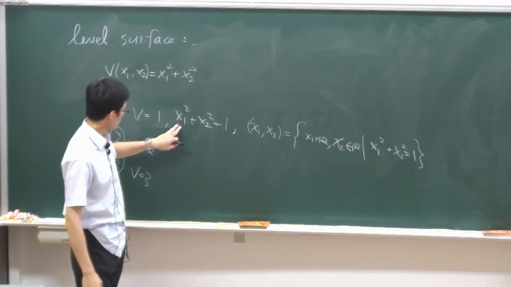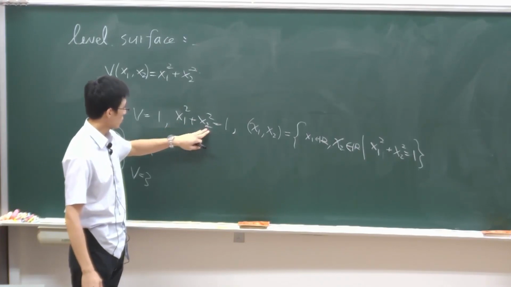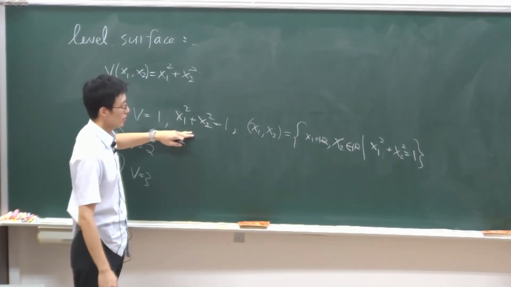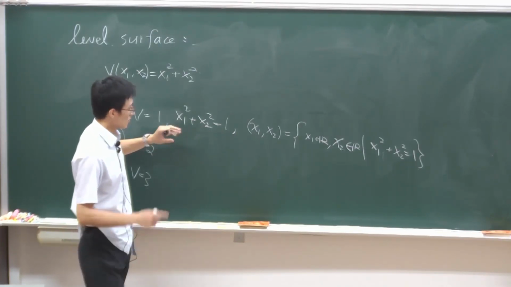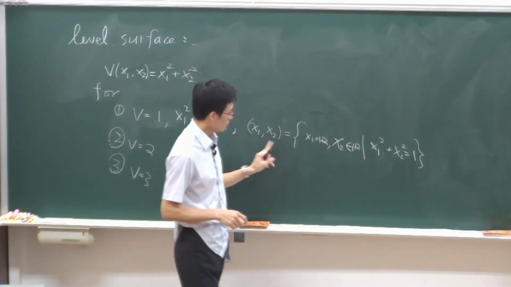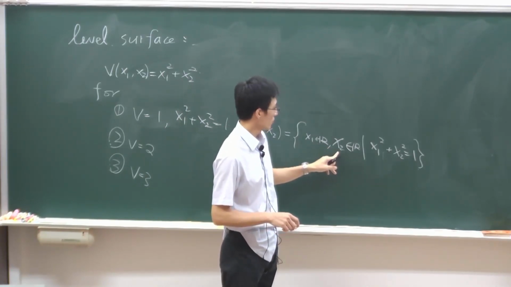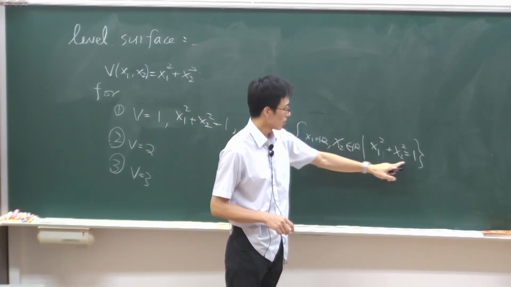So there are an infinite number of solutions of x1 and x2 satisfying this condition, right? So that means there's a set, where x1 belongs to the real numbers, x2 belongs to the real numbers, and they satisfy this condition.